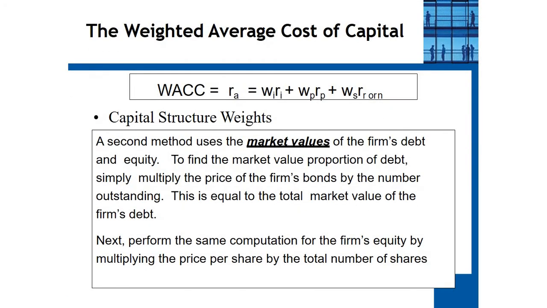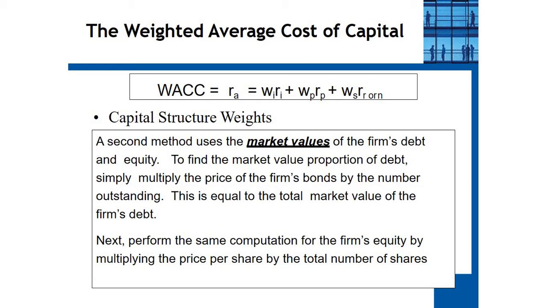We can also use market value weight. So if you want to look at the market value weight of the firm's debt, preferred stock, and common stock, you need to look at the market price of the firm's bonds, preferred stock, and common stock.